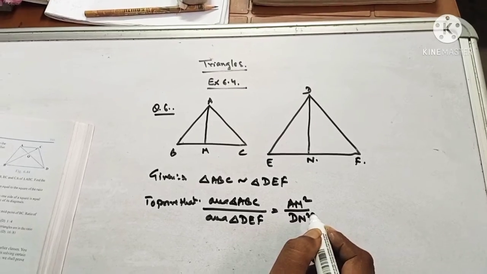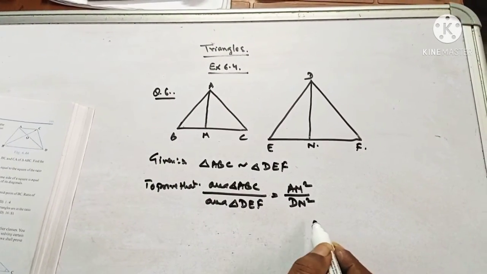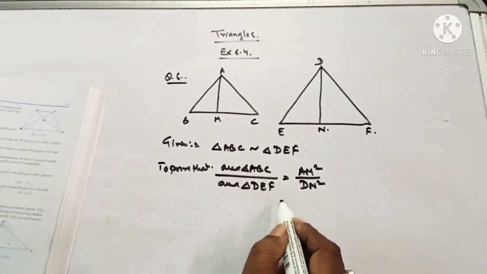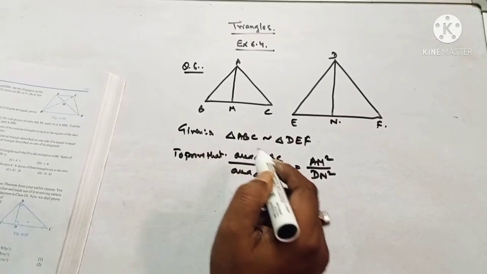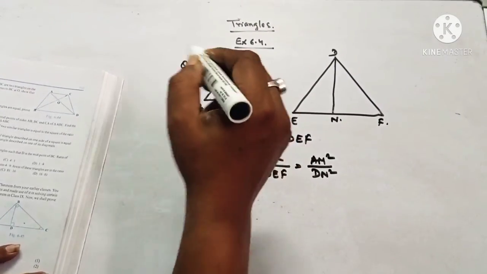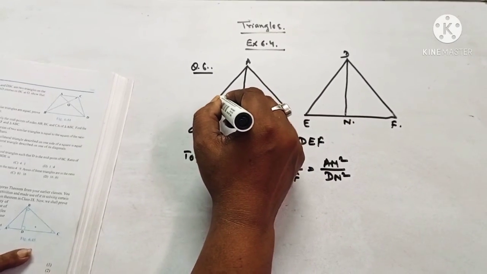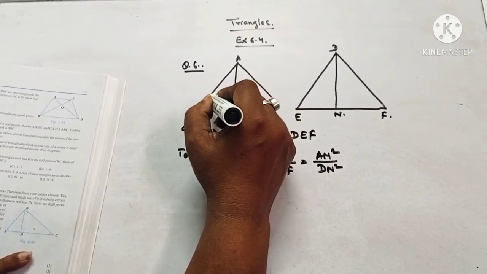This I have shown only one for you. For the rest of the medians it will be the same procedure. So at last we can conclude that I have to prove it like this.